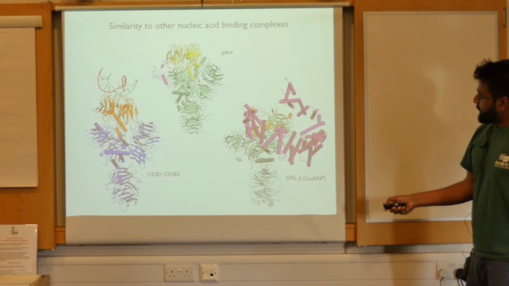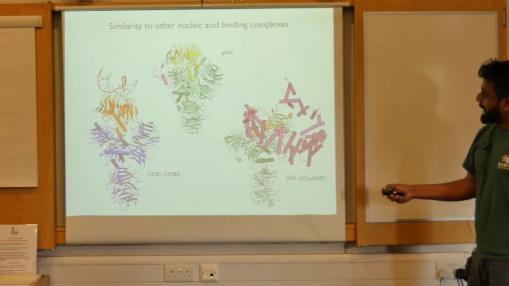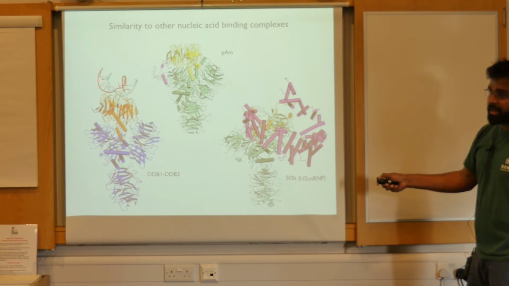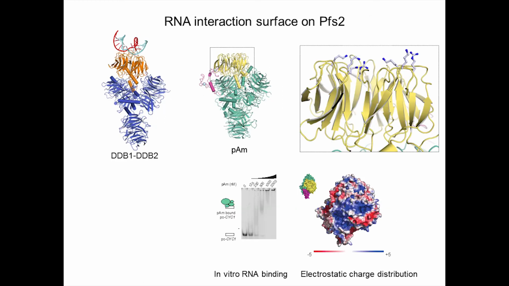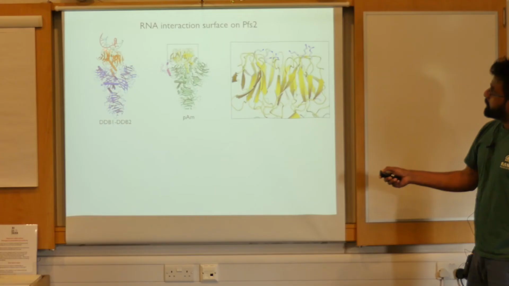I must also say that the structure of this complex had a DNA bound to it. So this is a cartoon representation of a DNA molecule. However, we don't have any nucleic acid bound to my structure. So that's where structural alignments came to the rescue. There are several amino acids in the top region of this complex which interact with DNA.